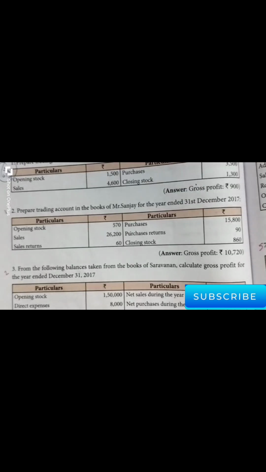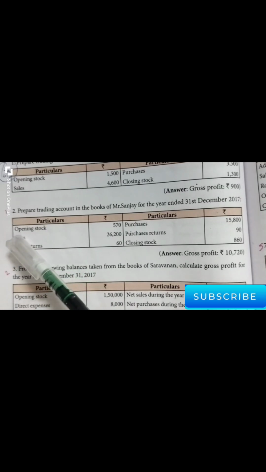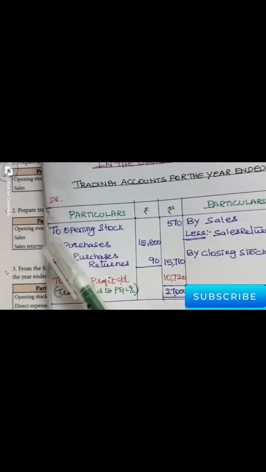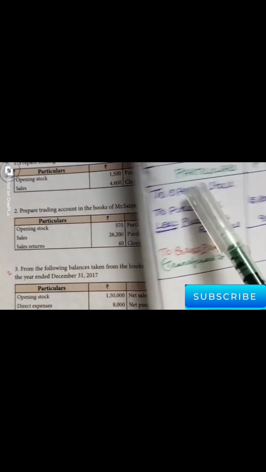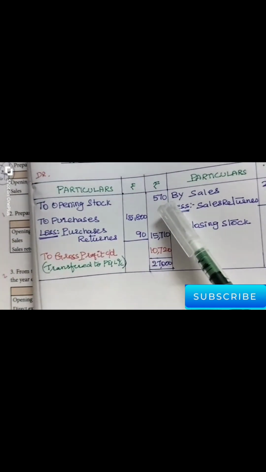As per the format of the trading account, we always start with the debit side. The first item is opening stock. On the debit side you always start with the word 'To'. To opening stock, rupees 570, entered in the outer amount column.